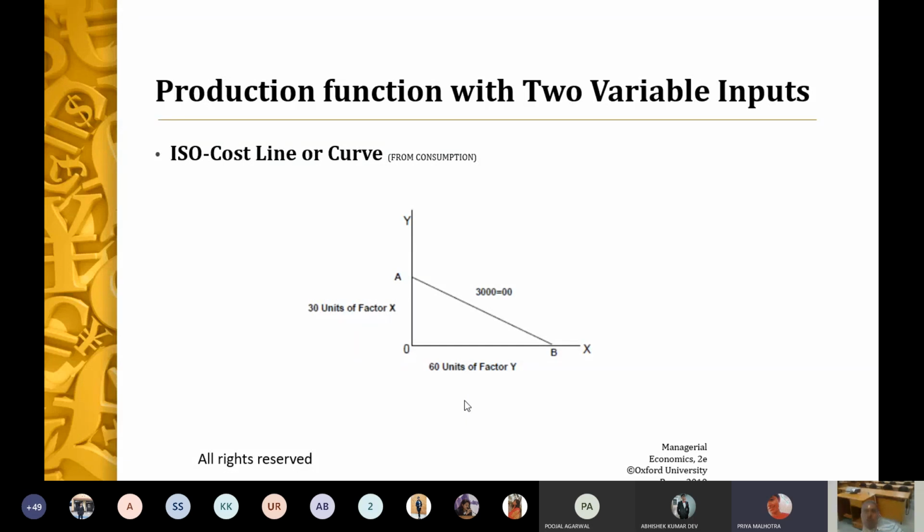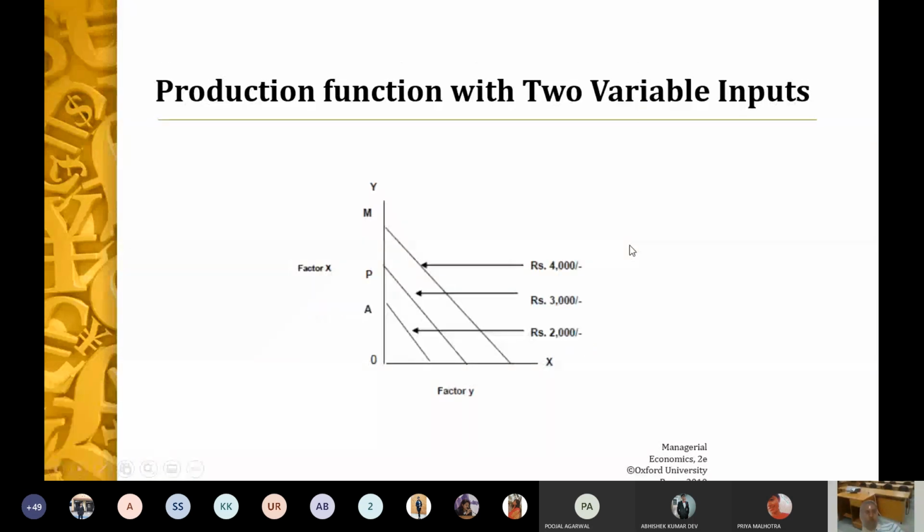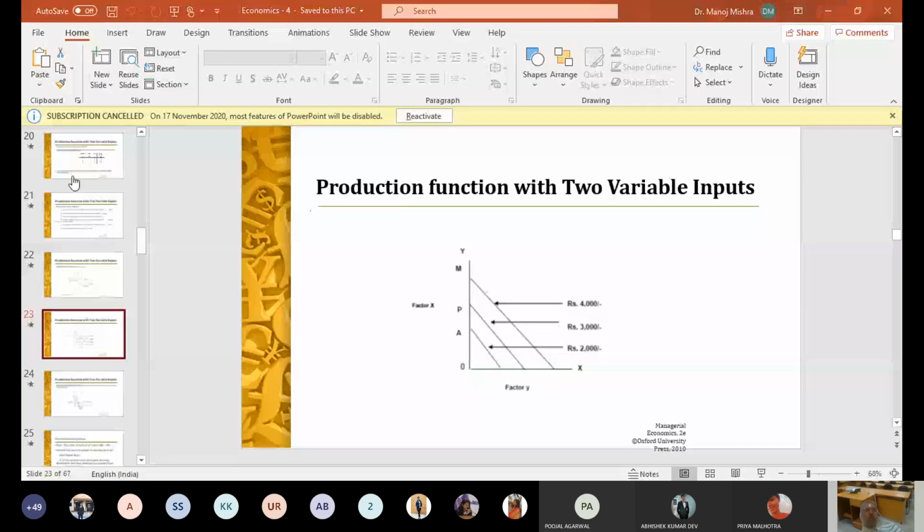Let me see if it is downloaded. Yes, it is downloaded. Fine.